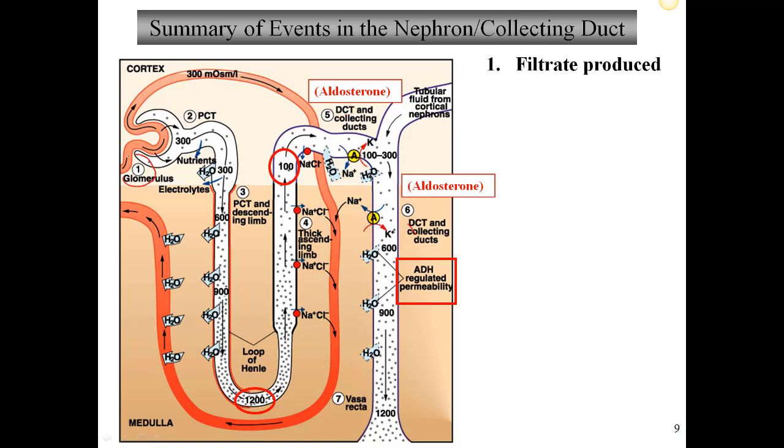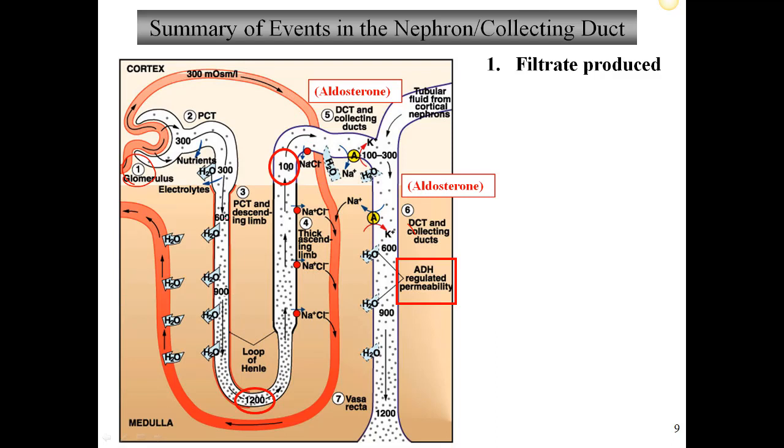Number one is right here, and this is our filtration step. Blood is coming through the afferent arteriole into the glomerulus and is being squeezed out through the filtration membrane, as we talked about in the last lecture, and then leaves the glomerulus via the efferent arteriole. And this is eventually going to form the peritubular capillaries.